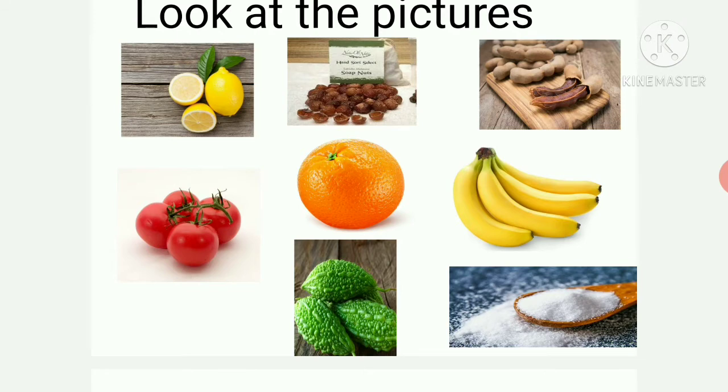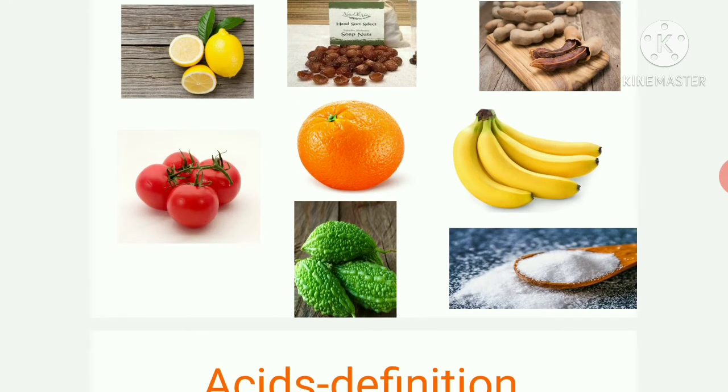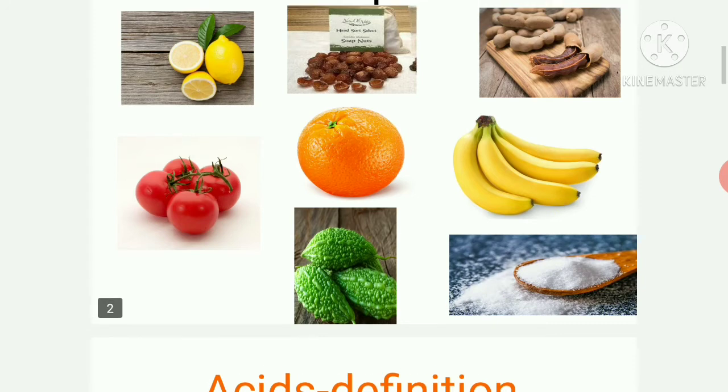Tomato, bitter gourd are vegetables. What are fruits? Orange, banana, lemon, tamarind. What are the other items? Banana, salt, soapy nuts.